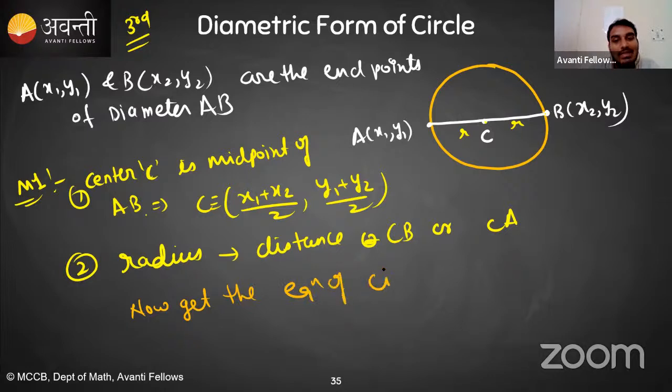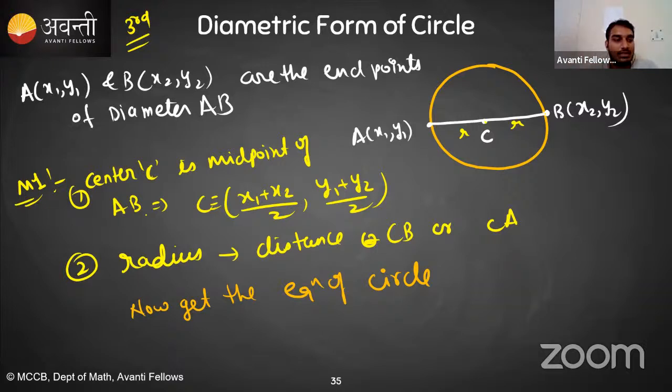Is this clear, students? There shouldn't be any doubt about how to think about this, right? If I had given you this question before telling you the diametric form of the circle, I think 100% of you would go by this method: the center is the midpoint of the diameter's opposite ends, and the distance CB gives the radius.